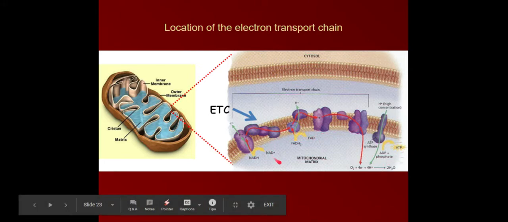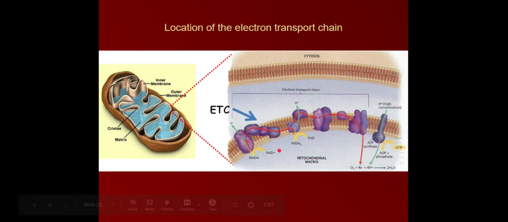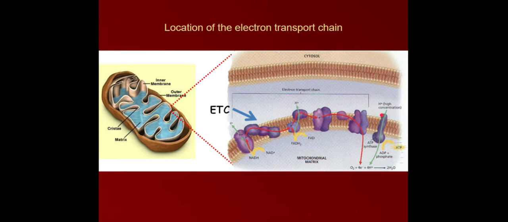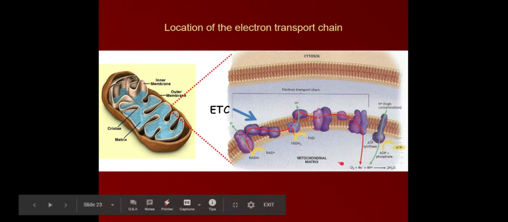Now, the really important thing to notice here is that we have a difference in hydrogen concentration on opposite sides of the membrane. Here with the ATP synthase protein, we've got a high hydrogen concentration on this side, and on this side we're going to have a lower hydrogen concentration.